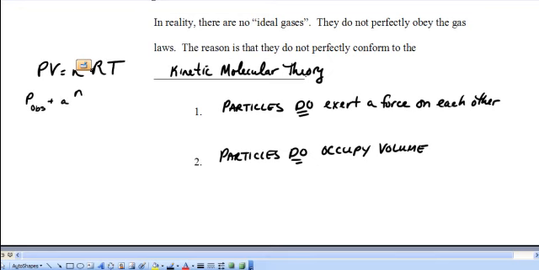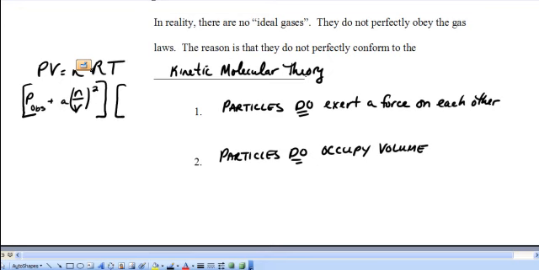Now again, you don't have to memorize this. This is only for those who will eventually see this again. But this is a correction factor to pressure. If you want to have the pressure match PV equals nRT, you have to add in the pressure that you expected to get, but again, it was slowed down. Same thing with the volume.